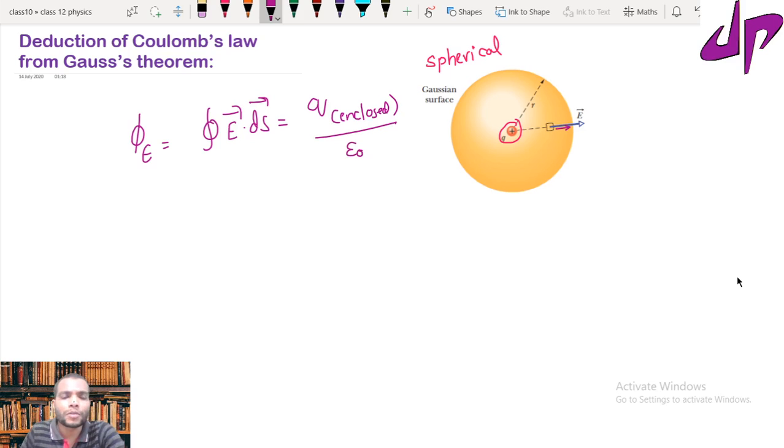Since E bar is a uniform electric field, because it is an isolated positive charge, in all directions the electric field lines are similar. So it is a symmetrical charge distribution, and E bar will come out of the integration. So I can write E bar times the surface integral of dS bar equals q by epsilon naught.